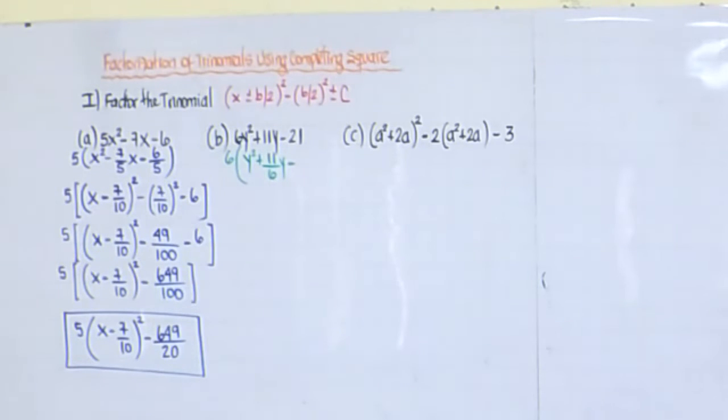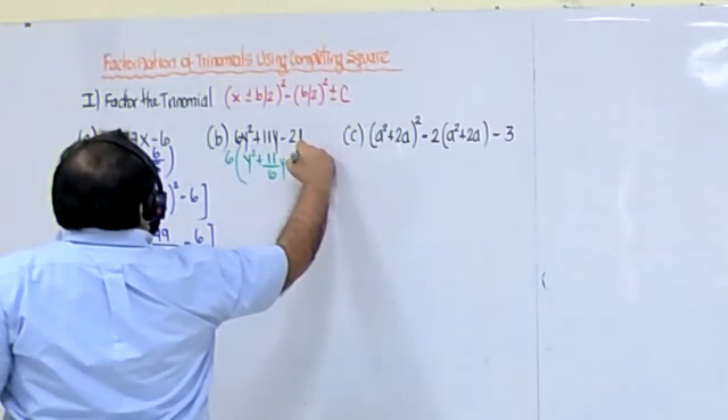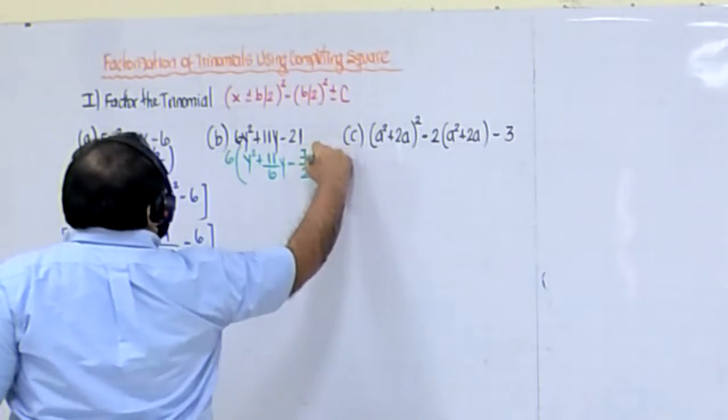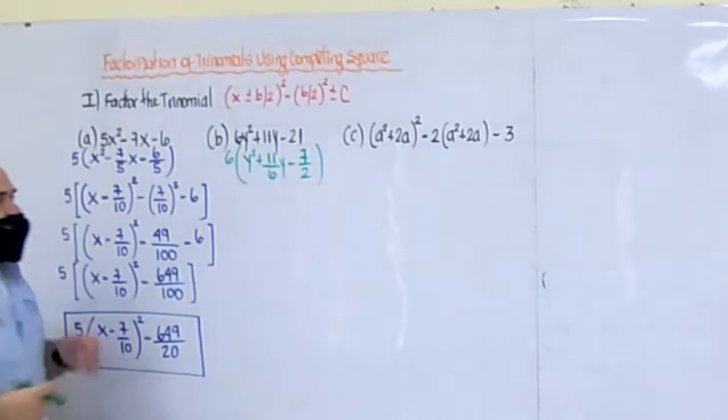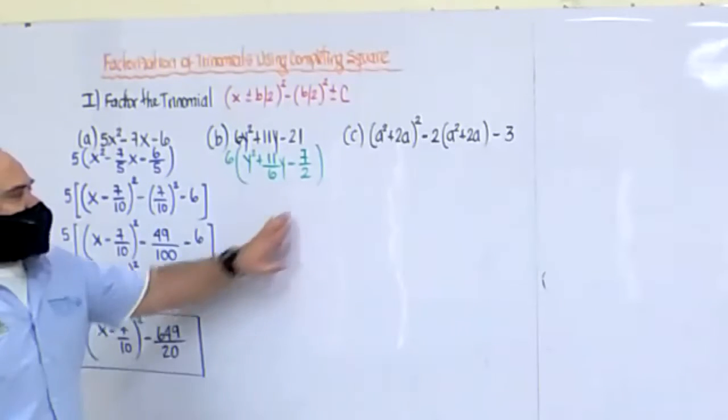However, we can simplify this expression, -21 over 6, simplifying we get -7/2. Why? Because 21 can be divided by 3, that will be 7, and 6 divided by 3 will be 2. For that reason, we can perfectly simplify that expression, okay?